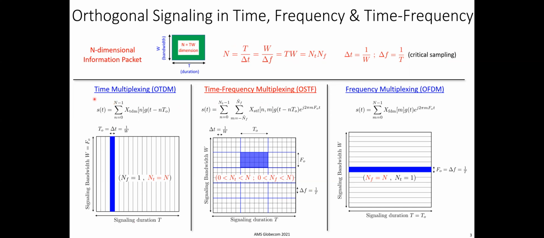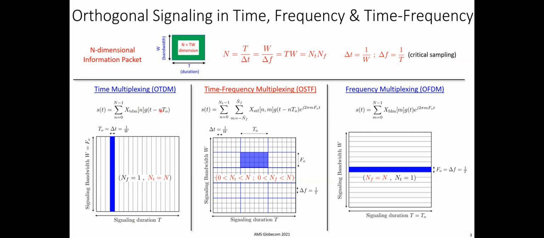How we use these dimensions depends on the pulse waveform. Here is one extreme, time multiplexing. This is frequency, bandwidth, duration. In time multiplexing, you use narrow time pulses of the same duration as the critical sampling period, and you multiplex the symbols in time.